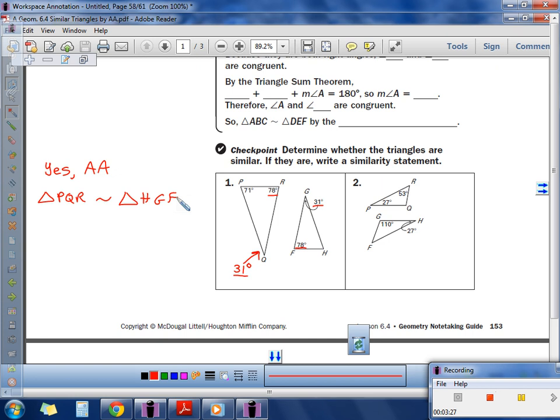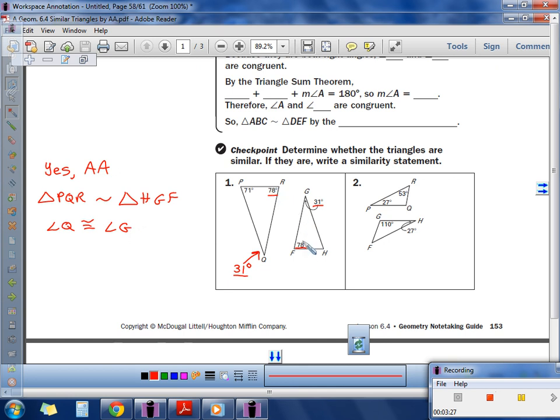Now here's one thing. If it says explain, and I didn't really emphasize this earlier, you really need to tell which angles you proved are the same. So on this picture, it's really easy, so that's why I picked this one. So which angles did we compare? Oh, we found that this one is 31, and it corresponds to this one's 31. This is angle, how do you name it? Angle Q corresponds and is congruent to angle G. What's the other pair we looked at?